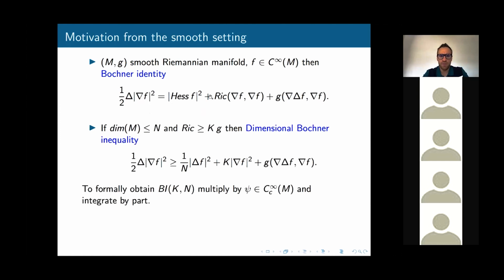And of course, if the dimension of the manifold is bounded above by n and the Ricci is bounded below by k, then this identity translates into a very powerful inequality.